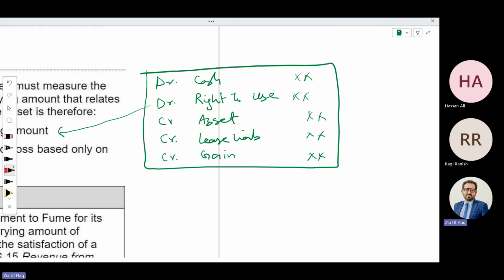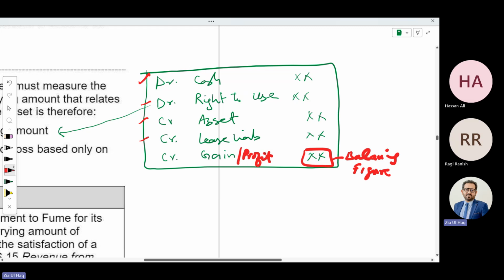Meaning this will record the asset has been sold, cash debit, asset credit. And for the lease, right of use asset debit, lease liability credit. And the difference between these debit and credit will be called gain, meaning balancing figure. If the difference is coming on the debit side, that will be loss. If the difference is coming on the credit side, that will be profit or gain.